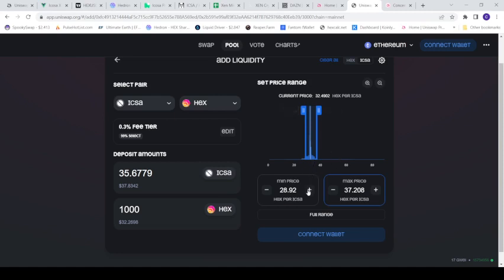Like I said, I'm not an expert on this. I'm just kind of giving the basics. But yeah, I guess if it moves to the left, you would be left mostly with hex, and if it moves to the right, you would be left mostly with Icosa.